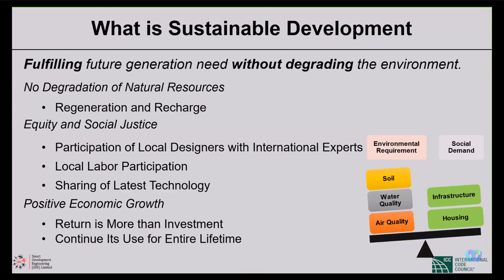In using the resources, we have to be careful. For example, let's say you have a new technology, even from the US, and when we implement it here, the local engineer must understand, learn and apply it in his service life. That is justice to the locality, local technology. That's important. And this is part of sustainability because redundancy, dependency is one of the key things you have to understand.